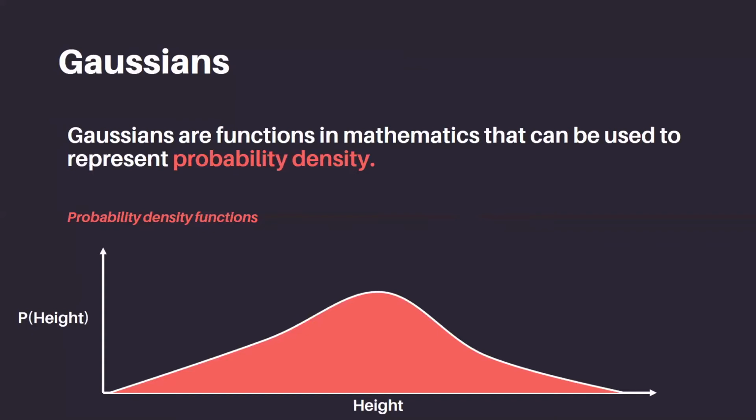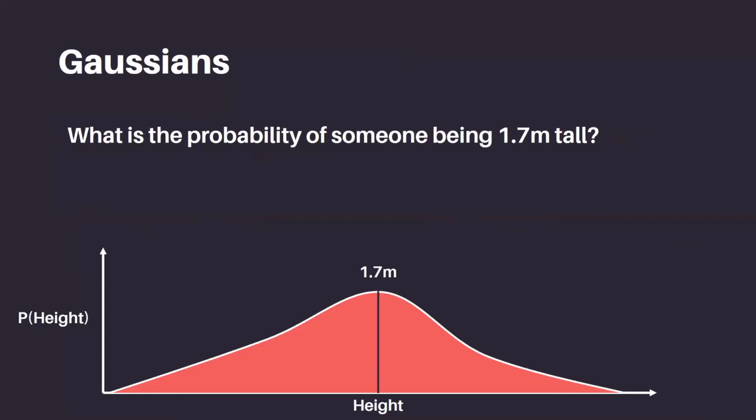Now, what if I were to ask you the question, what is the probability of someone being 1.7 meters tall? You might be inclined to just read off the y-axis and say, oh, well, we just stick p(1.7) in, and that would give us the probability of being that height. Now, unfortunately, that's wrong. The idea is that height is a continuous variable.